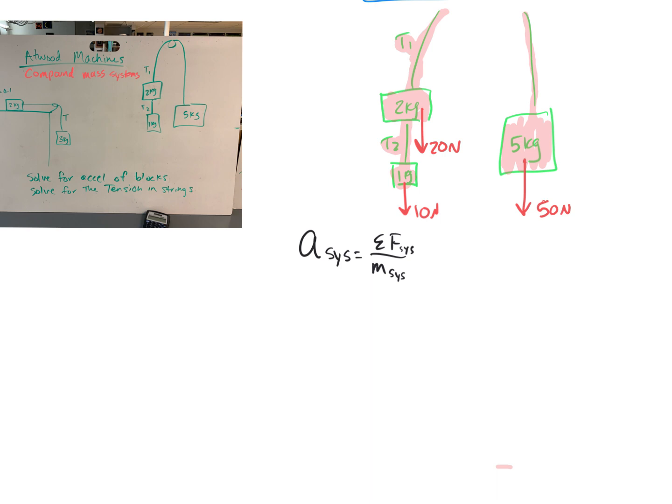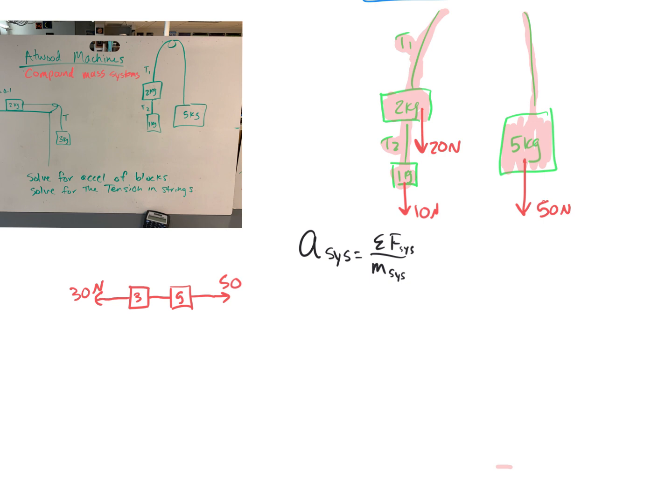If I re-represent this, sometimes it's helpful to visualize what's going on. If I take this and straighten it out into a flat line, I have this 5 kilogram block getting pulled this way with 50, and it's connected to the 2 and the 1 put together. So this is a total of 3 kilograms, getting pulled with 30 newtons this way.